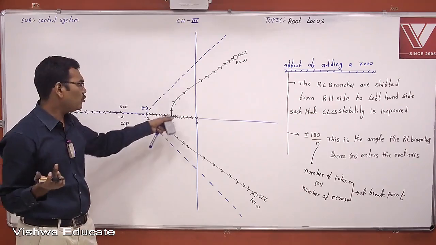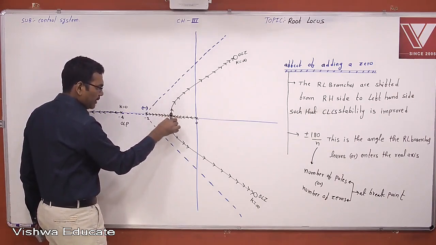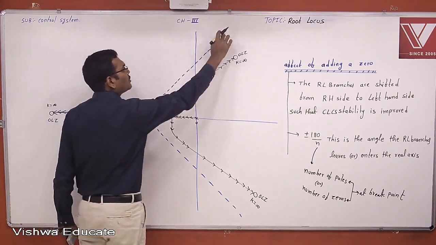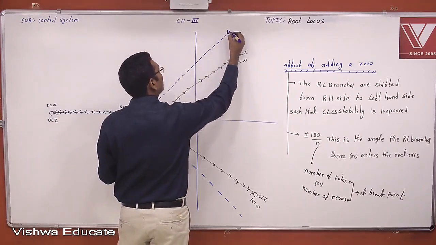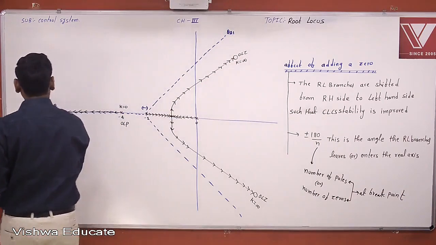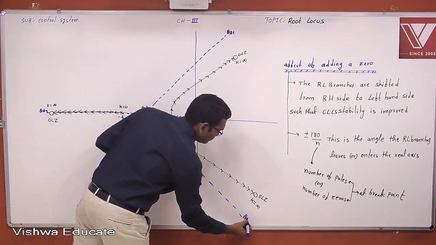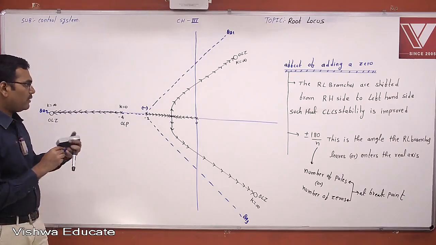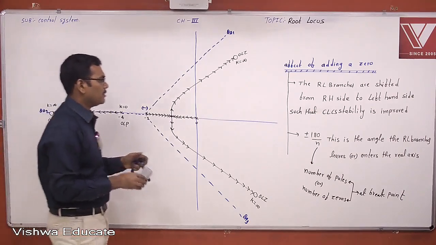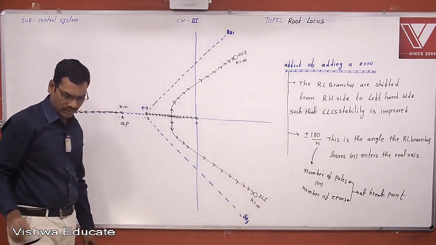If there are two zeros, the entering angle is also plus or minus 90 degrees. After leaving, it will follow the angle of asymptotes. Okay. Now these are the angles of asymptotes. Clear or not? Here we have to follow a few rules and regulations. This is a very, very important point. Just note down, one second.